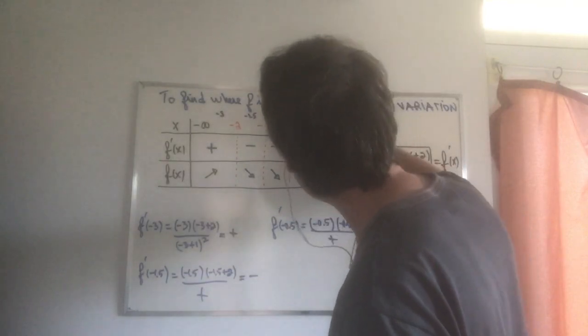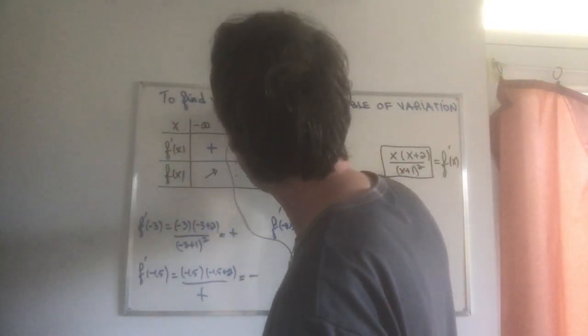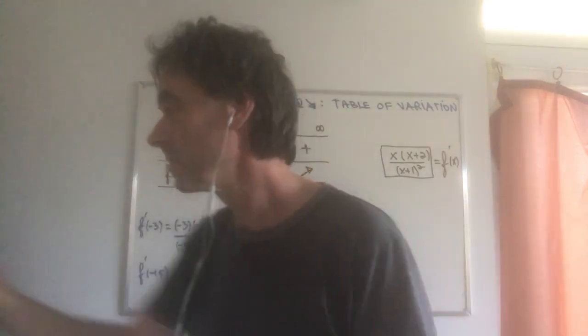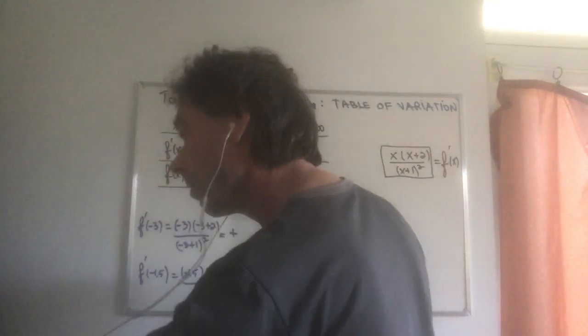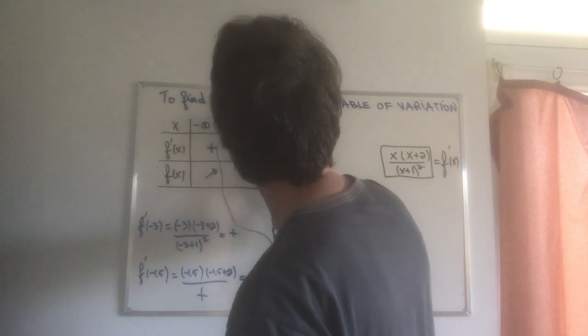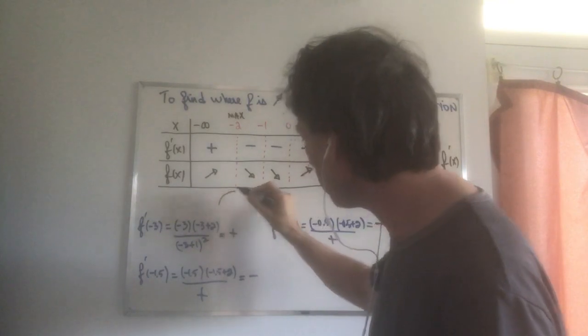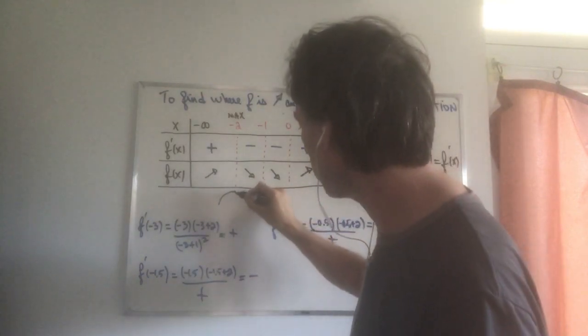Let me get rid of these little values that I don't need anymore. Because now what I would like to write is that this guy is a local maximum. Why? Because here the curve goes up, up, up, and then the curve goes down, down, down.